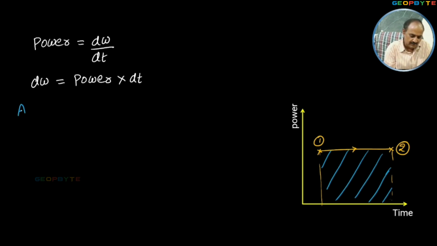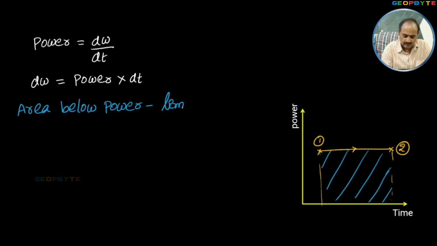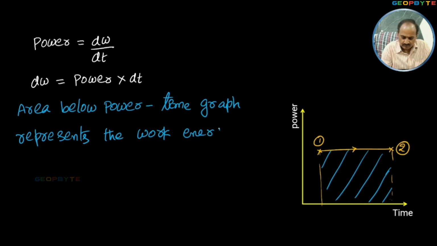That means the area below the power versus time graph represents the work energy given by the body.